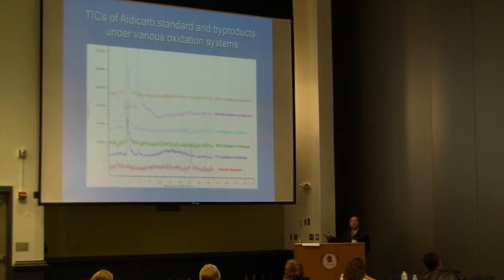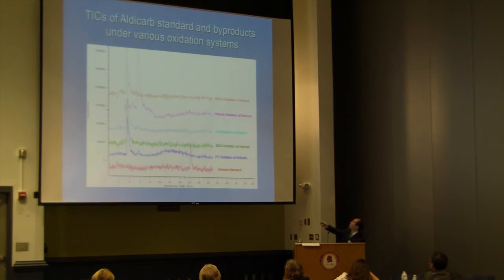Again, we perform the high performance liquid chromatography, and there are different oxidations. For instance, here, this is the pesticide standard. This is a free chlorine oxidation. We can see under the oxidation, all of the parent pesticide disappears. That means it has been oxidized. However, one new peak is produced, right?